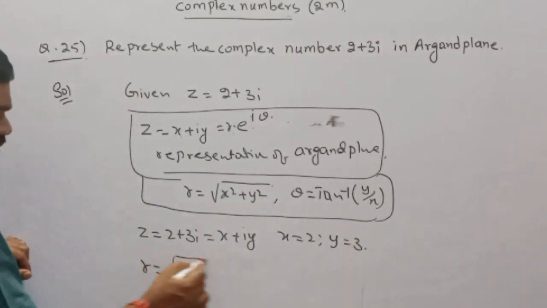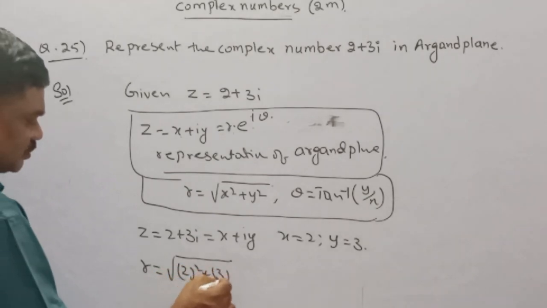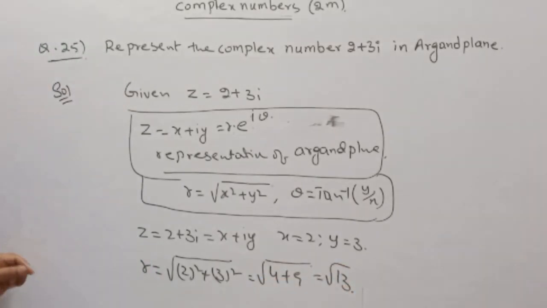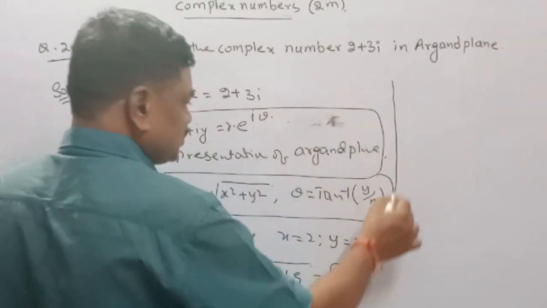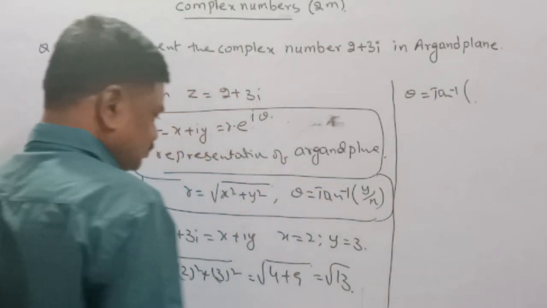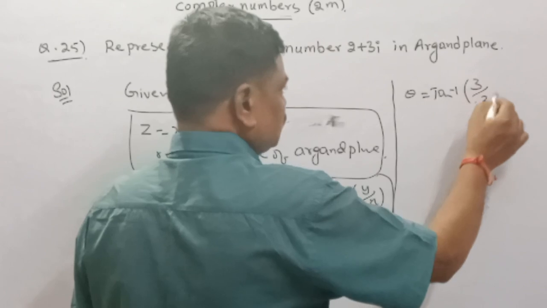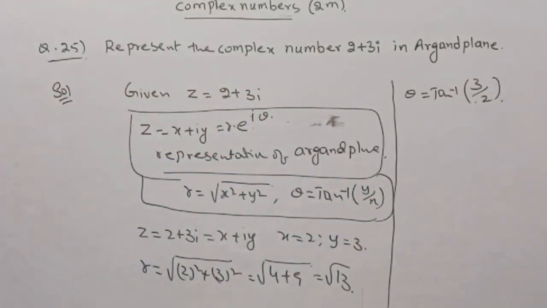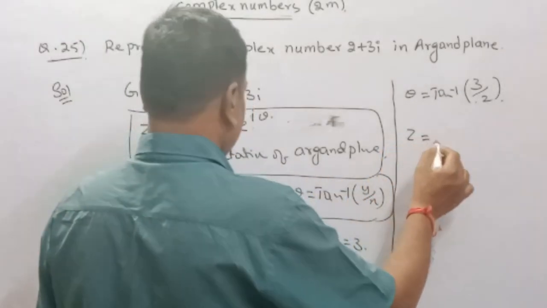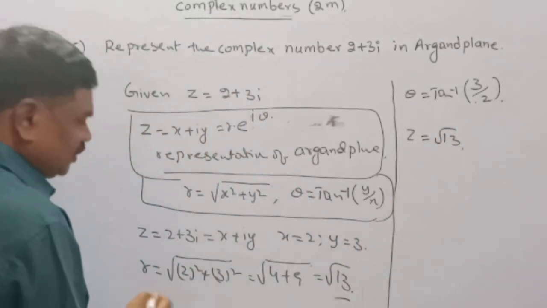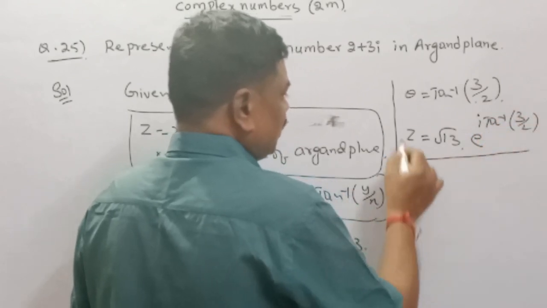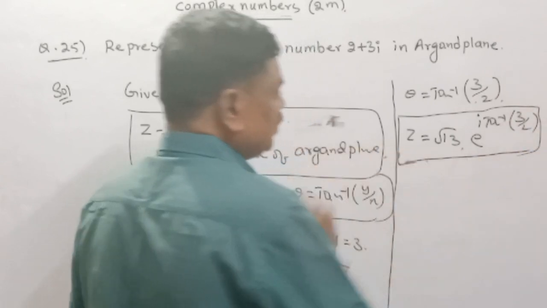Then r = √(2² + 3²) = √(4 + 9) = √13. Then θ = tan⁻¹(y/x) = tan⁻¹(3/2). Then z = √13 e^(i tan⁻¹(3/2)) is the representation of the given complex number in the Argand plane.